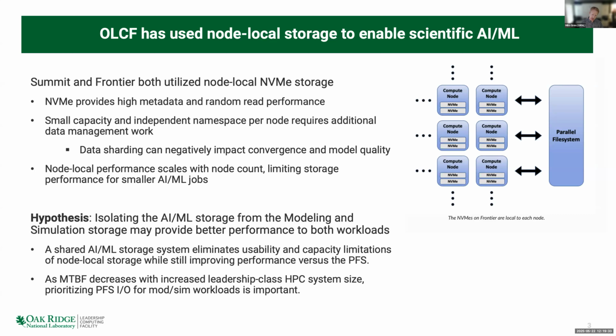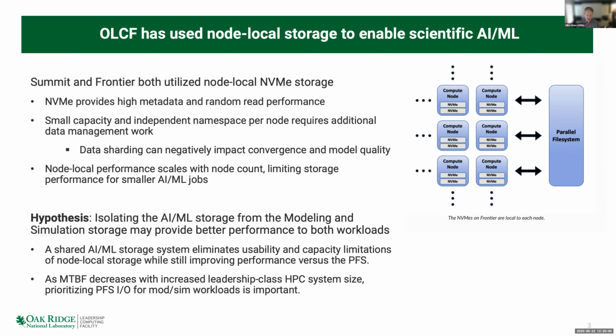So the shared AI/ML storage has a single namespace, so that eliminates a lot of the usability and capacity limitations of node local storage, and hopefully still provides benefit by having the non-competing workload of random reads and metadata versus the large sequential I/O typically found in modeling and simulation.